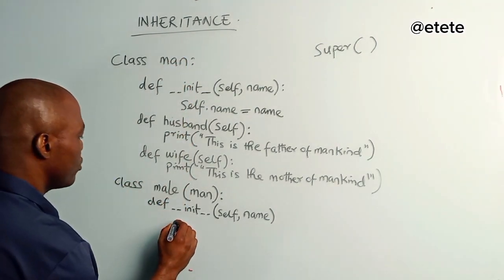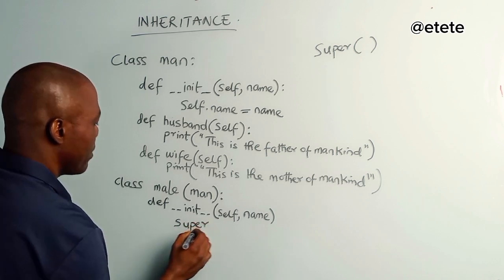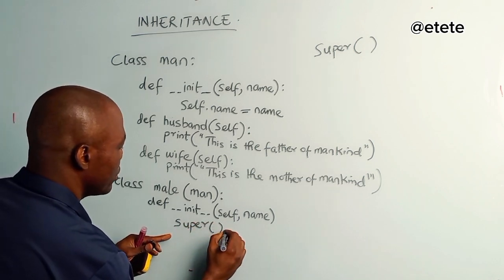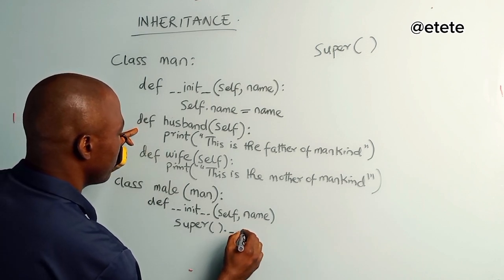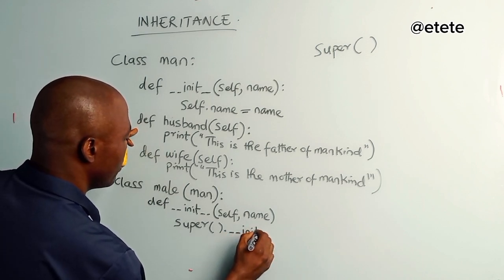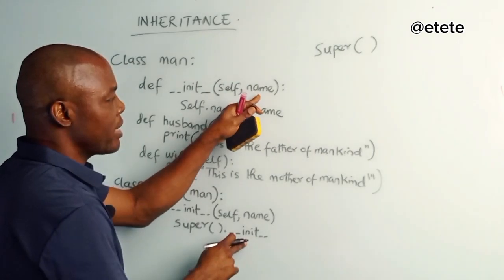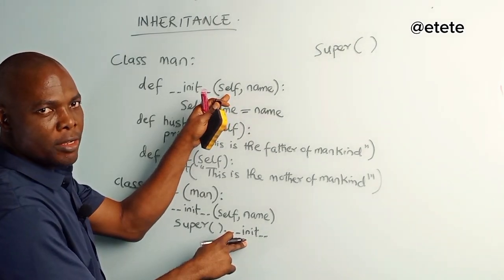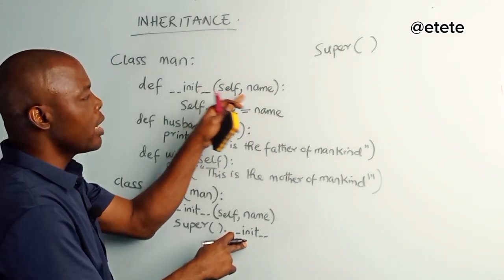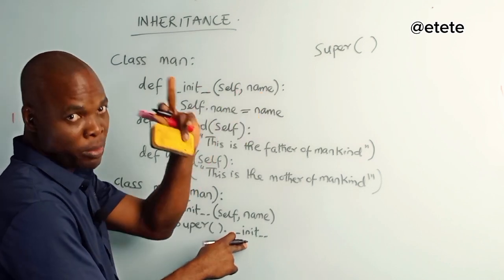So I will say super dot init method. Now this init method is just expecting self and name, but this self will represent the object that will be instantiated, while this name is actually the argument that it's expecting. So it's expecting just one parameter.